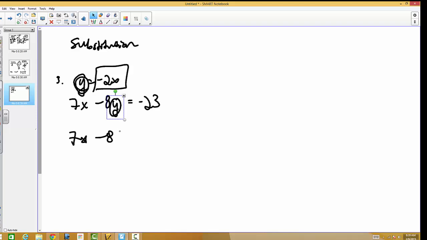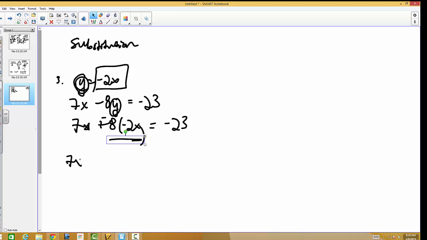Instead of a y, we're going to substitute, which means completely replace, with a negative 2x. And that's going to equal negative 23. Now, you could slash and dash this, might be a good idea. Negative 8 with a parentheses next to a negative 2x means multiply. So we have 7x plus 16x equals negative 23.